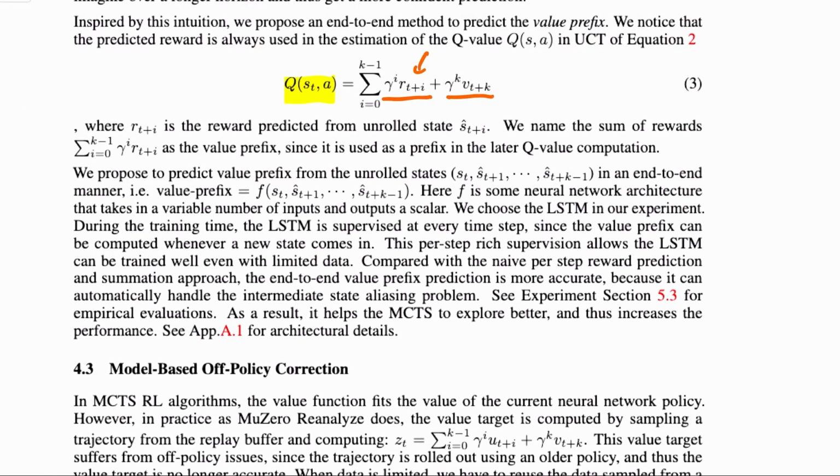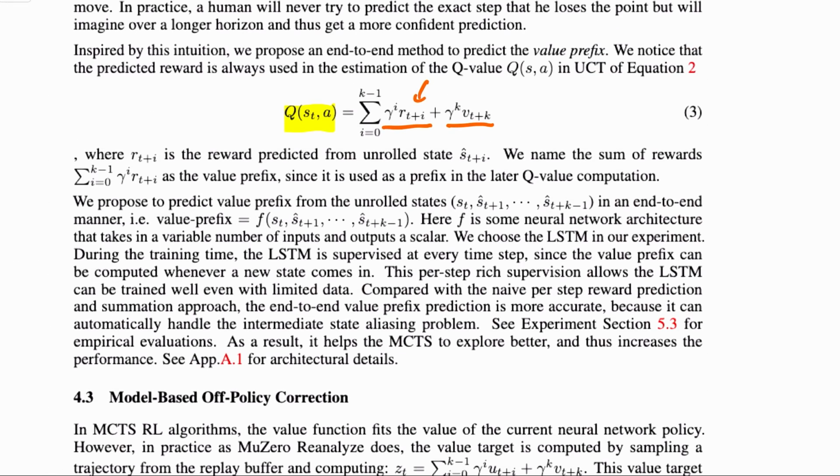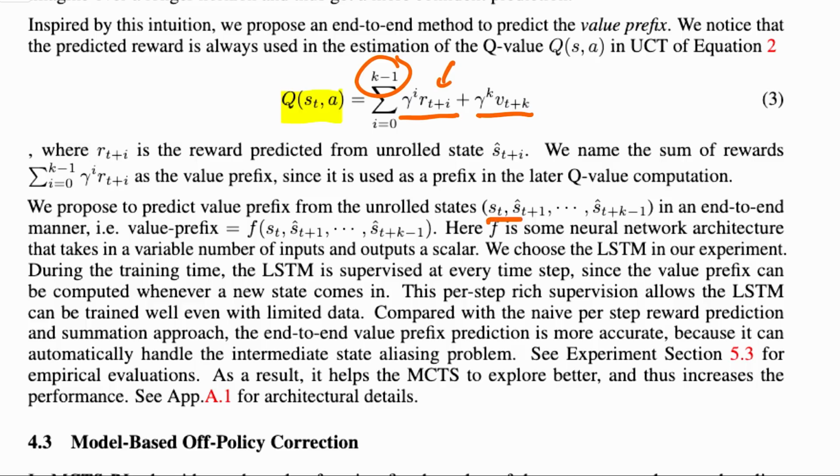So what they do is pretty simple. They say instead of adding up all the rewards k steps into the future, what if we simply take the hidden states that we predict k steps into the future and just shove them into a neural network. And then that neural network will output the sum of the rewards. So instead of summing the rewards directly, we have a neural network output the total sum, much like we have a neural network that outputs the value function that looks ahead.